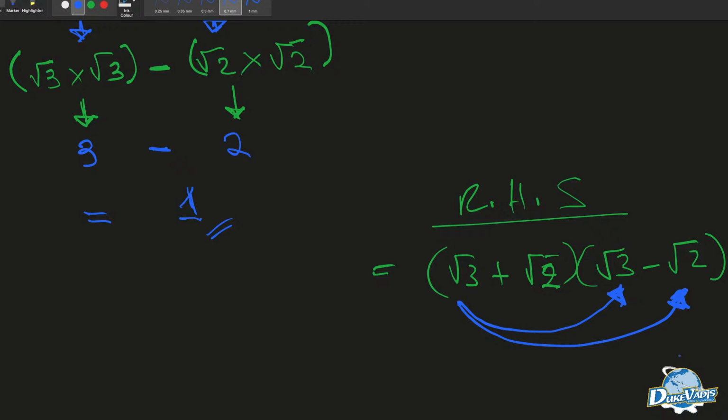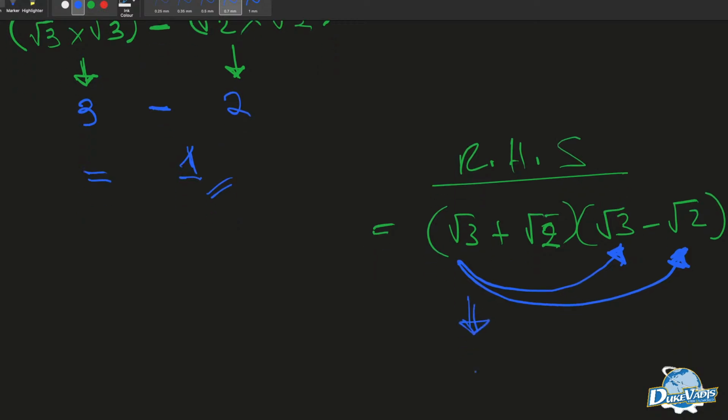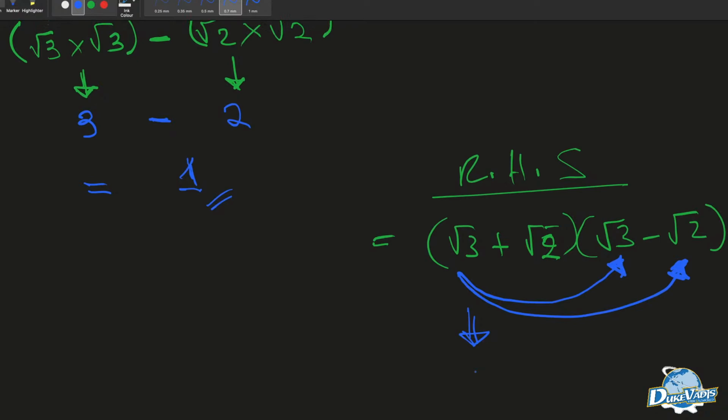So the first one, root 3, is going to be root 3 times root 3, and this minus root 2 times root 3.